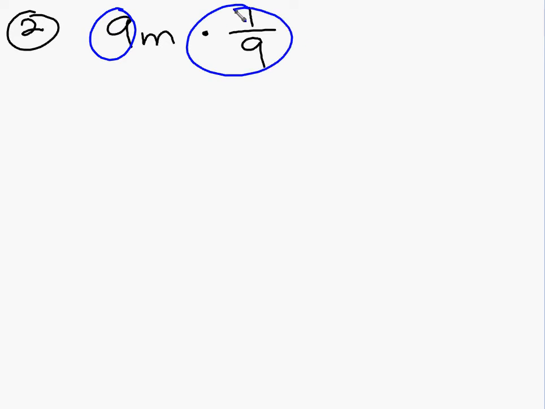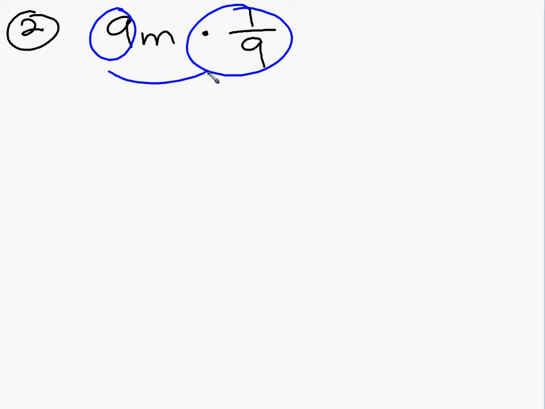Let's do some more. How about 9m times 1/9? If you see this one, you should be happy, because this problem has no work to do if you can recognize something. Do you see there's an inverse there? Do you see the 9 times 1/9?